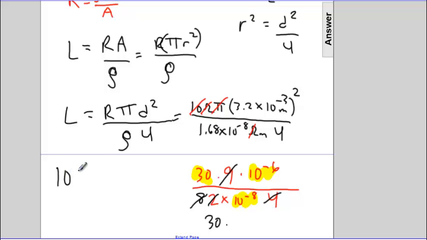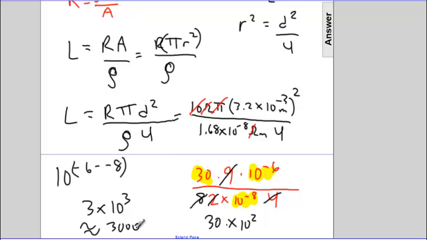So when you do that, it's 10 to the negative 6 minus negative 8. That's negative 6 plus 8. That's 10 to the 2. What is 30 times 10 to the 2? That will be 3 times 10 to the 3. So I got an answer that's approximately 3,000 meters, because I've approximated quite a bit.